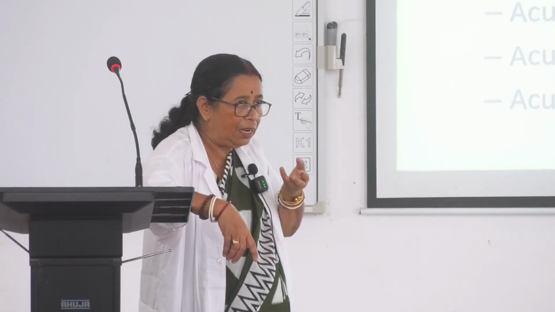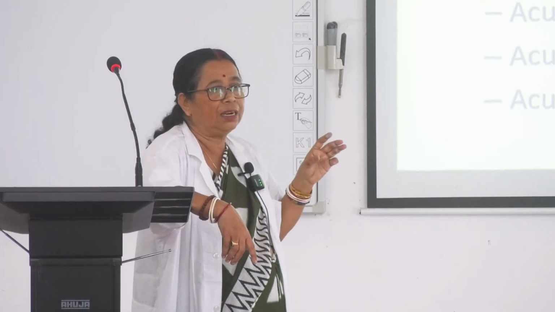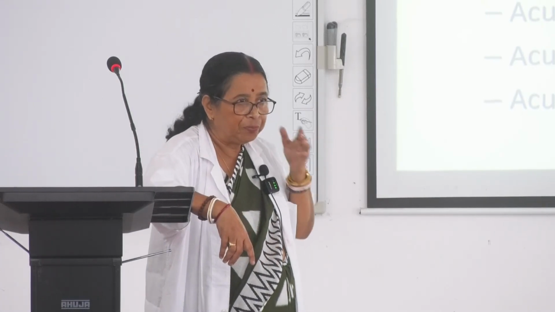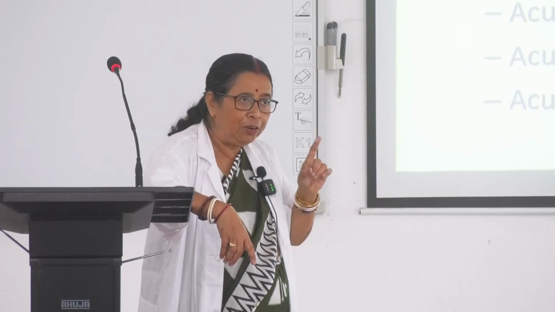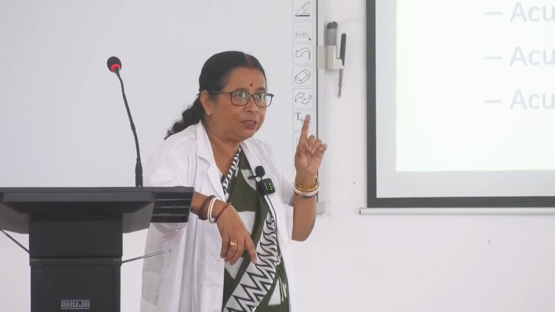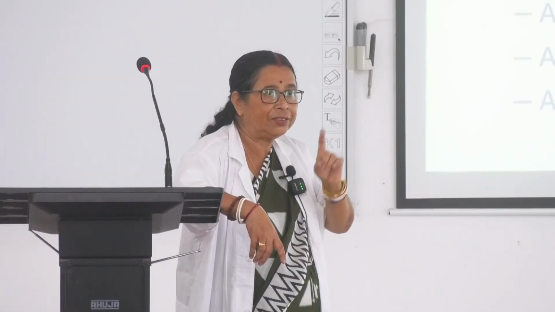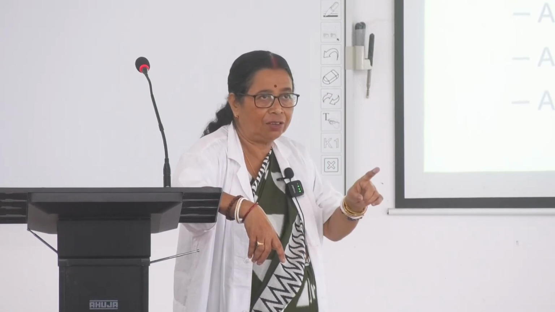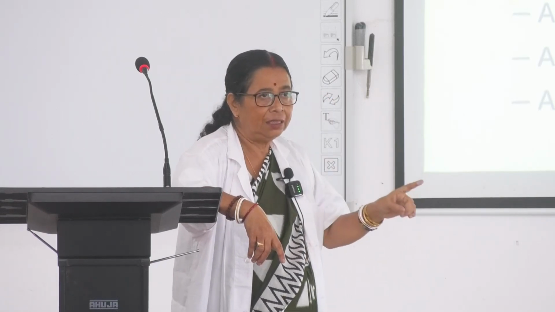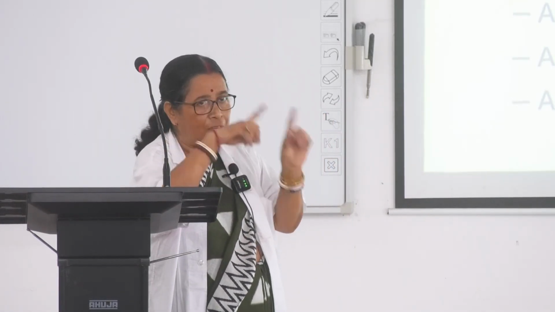Basophilic leukemia is included here. Acute myelomonocytic leukemia, that is M4. M4 is again positive for MPO and positive for NSE, non-specific esterase. I am repeating these again and again for hammering, so that you can answer in the exam.